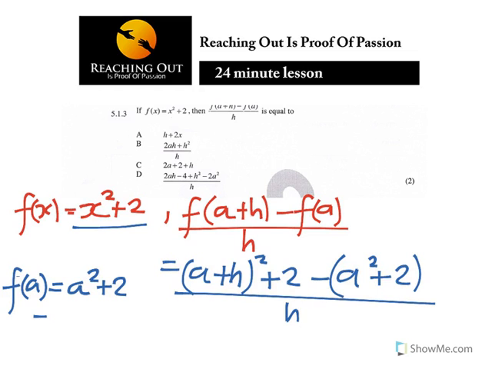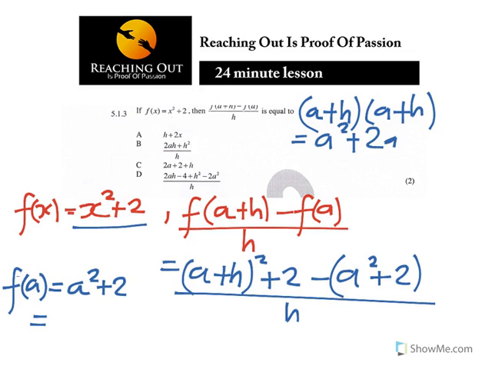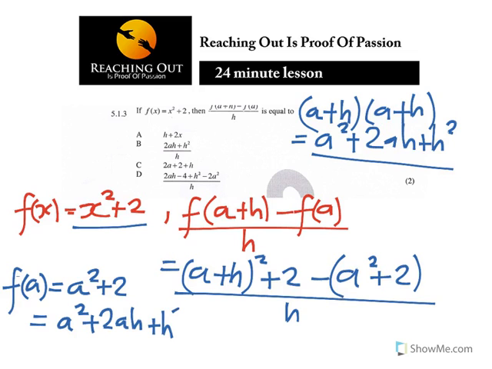Now if I simplify this, let me write it on top. a plus h squared is the same as a squared plus 2ah plus h squared. So this will be a squared plus 2ah plus h squared plus 2, then you open that bracket, minus a squared minus 2, all over h.